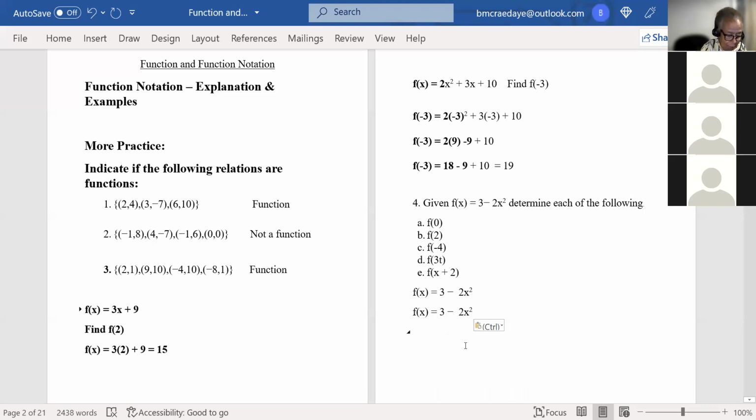It says 0 squared. Substitution. That's right, because the x is squared, right? So we take out the x and now calculate it. Remember that the 2 is multiplied times 0 squared.